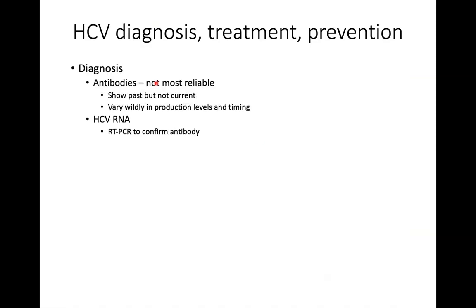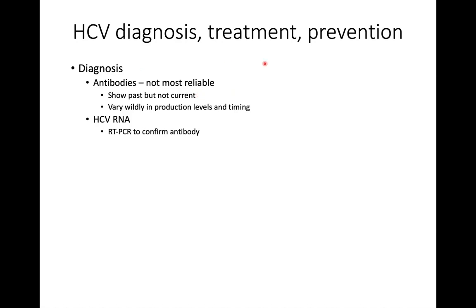All right, so we can diagnose hepatitis C. You can look for antibodies in the patient. These are not the most reliable way to diagnose hepatitis C. They're great for hepatitis B, not so much for C. They tend to show us if a person has been infected in the past, but again, that does not necessarily indicate that they are currently infected.